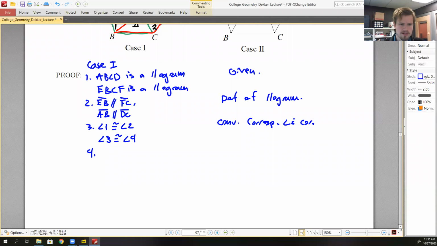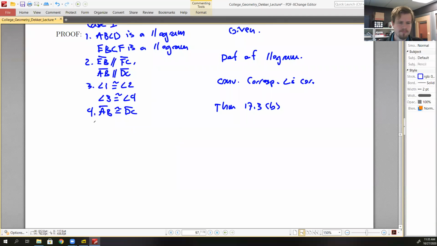So AB is congruent to DC, and we get that by theorem 17.3, in particular part B of that theorem. Excellent. So this gives us angles and sides.